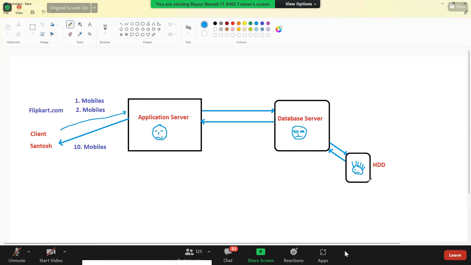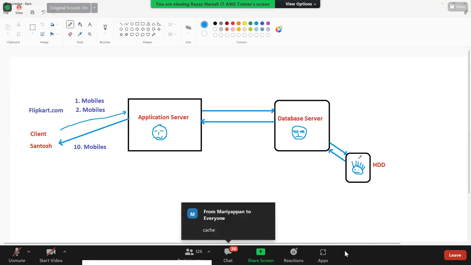So how to resolve this? As he's asking for the same data again and again, guys, can't we put the data which is being asked again and again in one place? And what is that place called? Cache, right?